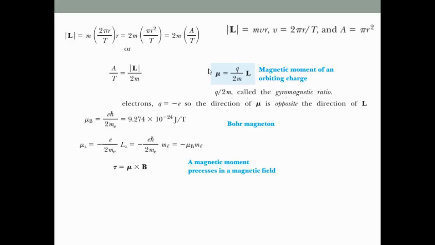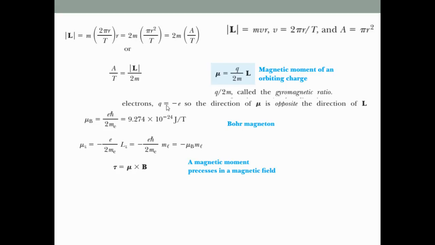So mu is equal to q by 2m times L, for the magnetic moment of an orbiting charge Q. Here Q by 2m is known as the gyromagnetic ratio.